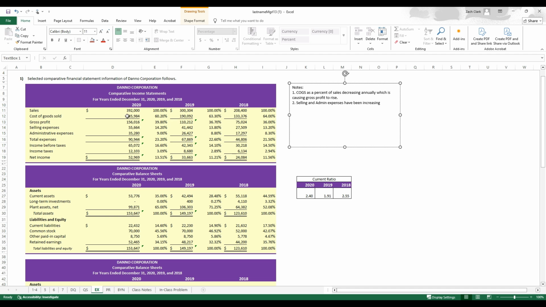Whereas with the cost of goods sold decreasing, it looks like a bigger proportion change and bigger dollar amount than the sales, which is helping lead to net income increase overall.